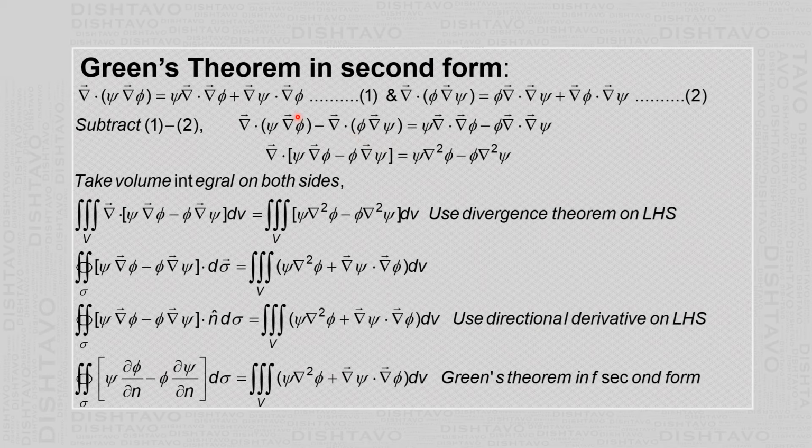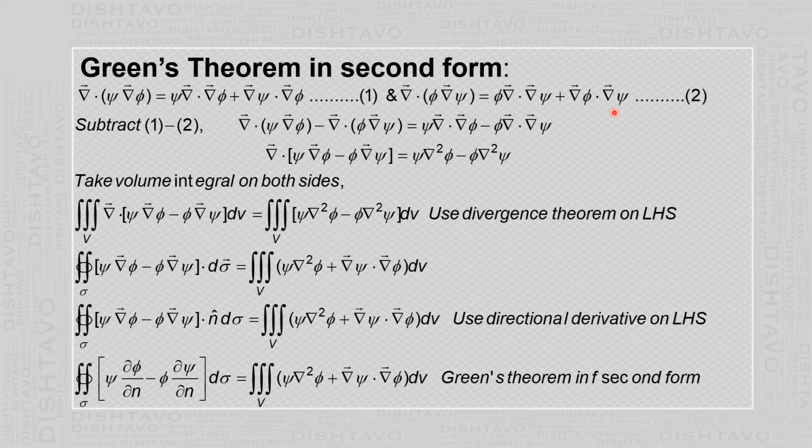Then on the right hand side, see in the first equation, the second term grad psi dot grad phi is there, and in equation 2, the second term on the right hand side is grad phi dot grad psi. But the dot product is commutative, that is grad psi dot grad phi equal to grad phi dot grad psi.